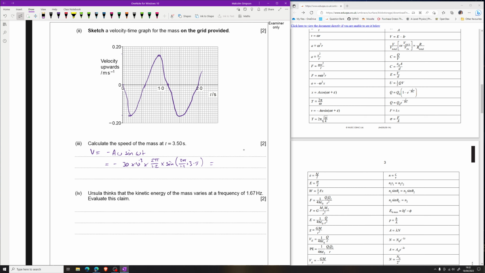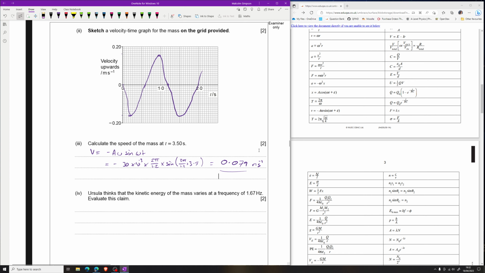Not 0.079 meters per second. Okay, and that's actually a positive. So it says speed, so we don't actually have to give a direction. So there's no problem there at all.